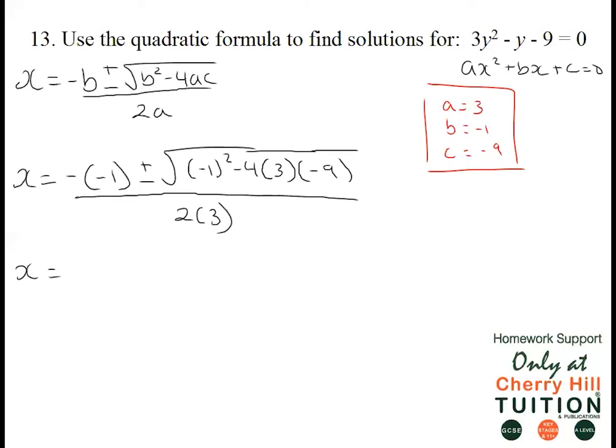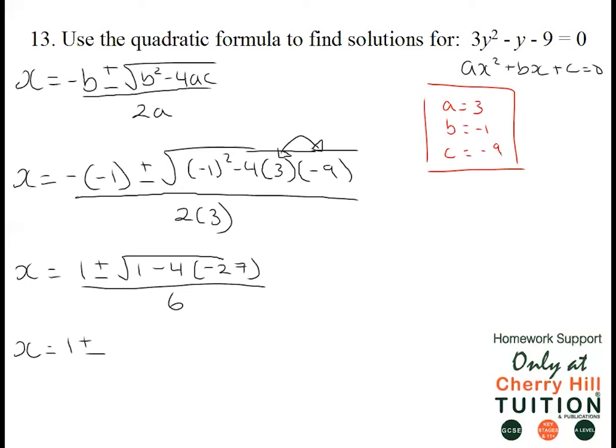Now let's simplify this. We have minus 1, which gives us a positive 1, plus and minus the square root of -1 squared, which is 1, minus 4 multiplied by 3 multiplied by -9, which is -27, over 2 multiplied by 3, which is 6. 1 minus 4 multiplied by -27, so 27 multiplied by 4 gives us 108.